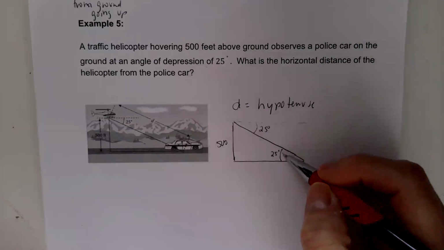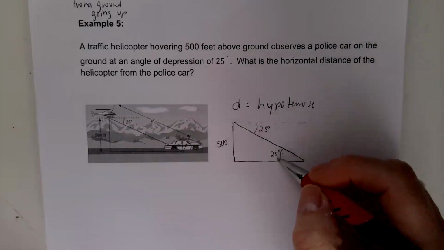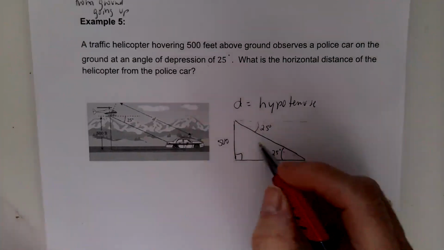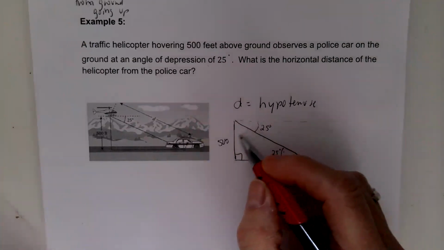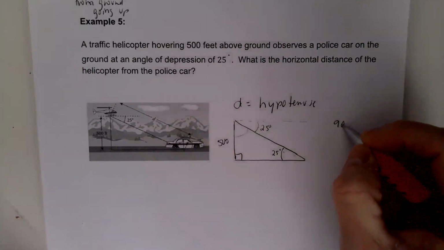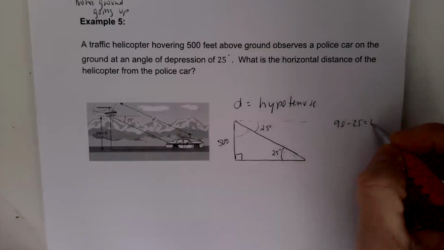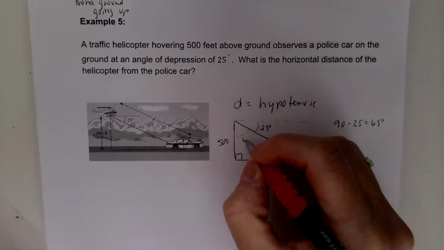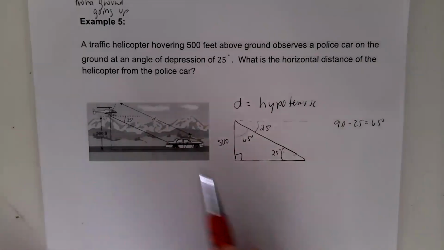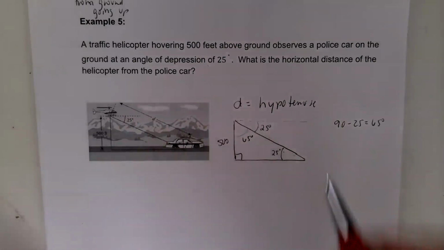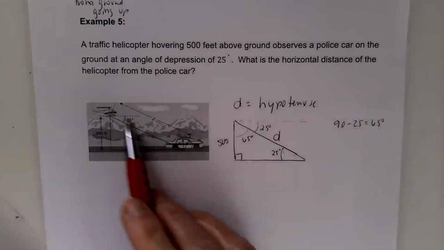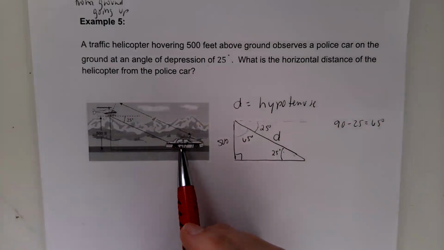So this angle is also 25, this angle of elevation. This is a right angle, so we can find this angle by subtracting from 90. So that angle is 65 degrees. And we want to know the distance D between the helicopter and the cop car.